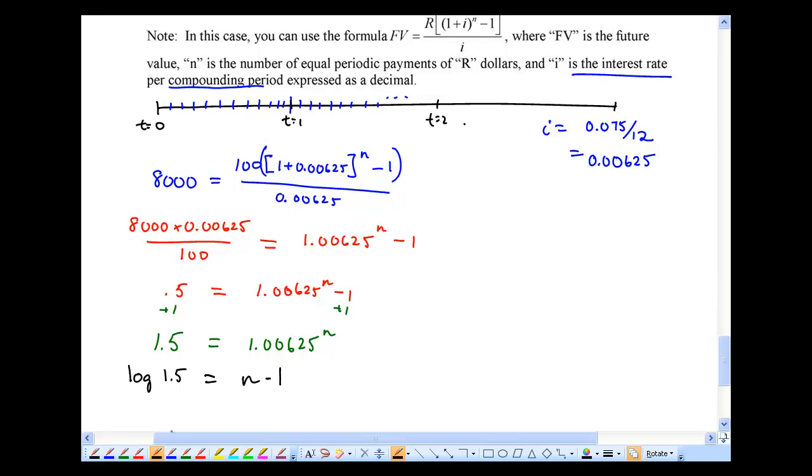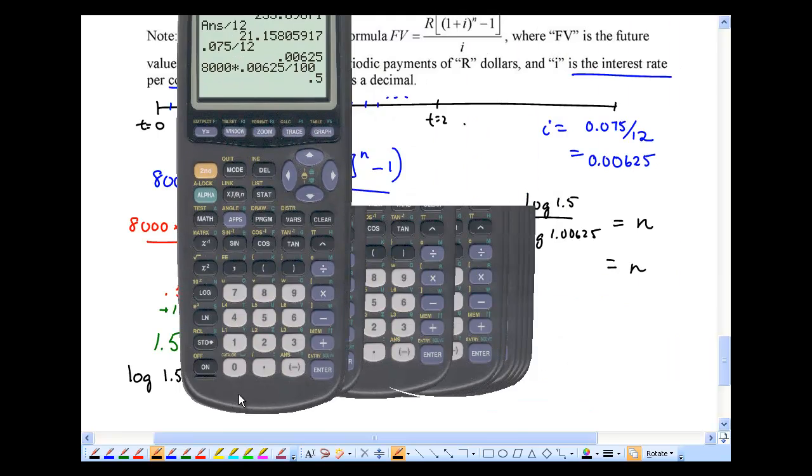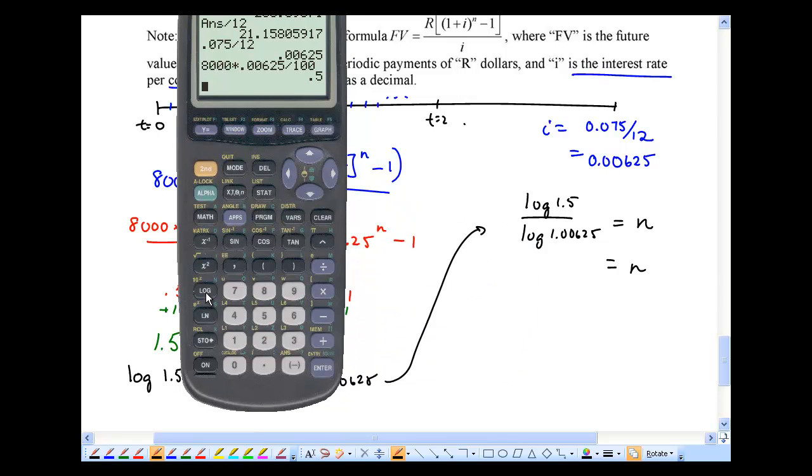Once again, let's skip a step. N times log 1.00625. That's times, by the way. Going to solve for n by just taking the log 1.5, dividing by log of 1.00625, and ba-bam! I look forward to getting my final answer.